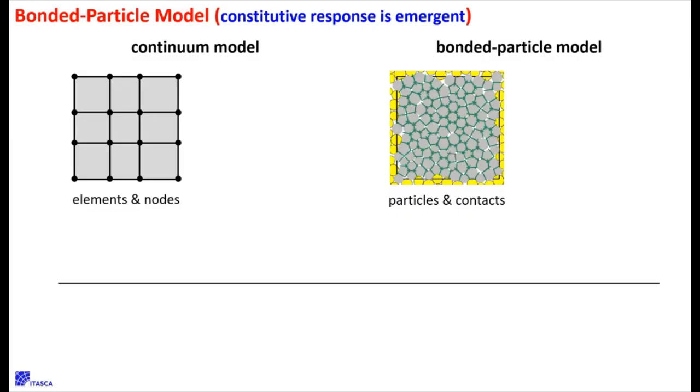On the left, we assume there's a theory called continuum mechanics, the theory of elasticity and fracture mechanics, and we can interpret everything. We make a continuum, and that means we have elements and nodes. Remember the shell thing? We had elements and nodes. It's the same thing. It's a continuum model.